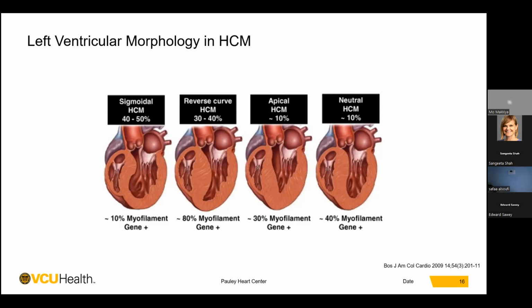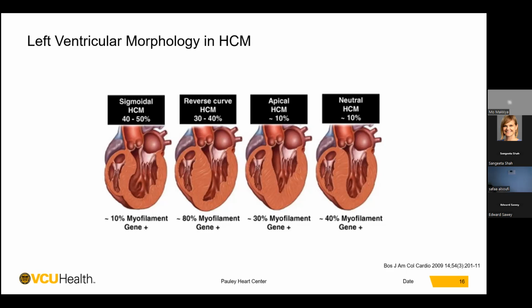This is also seen in particular in patients with hypertension or elderly, making the diagnosis of HCM difficult for us. Especially, only 10% of these have positive gene testing.